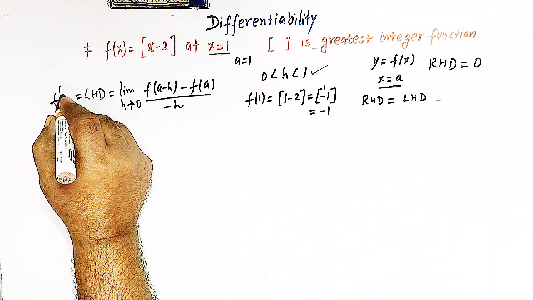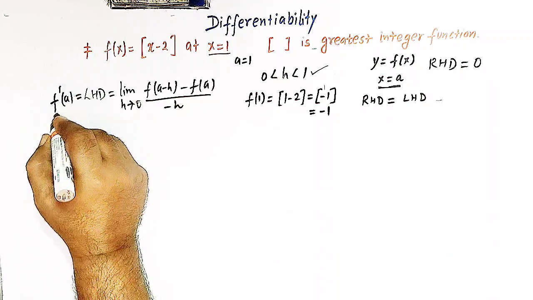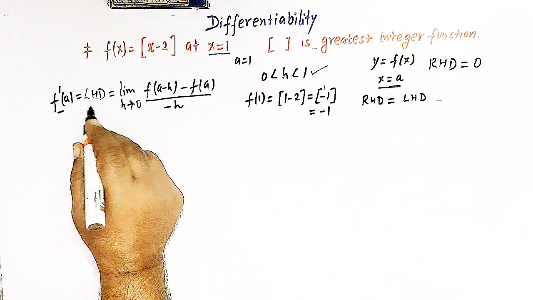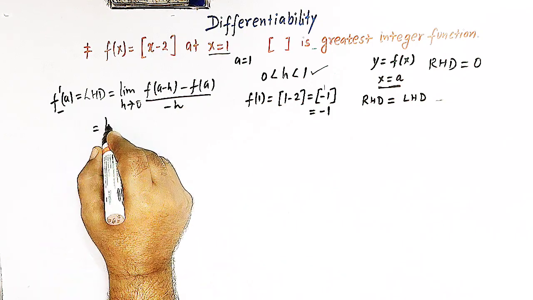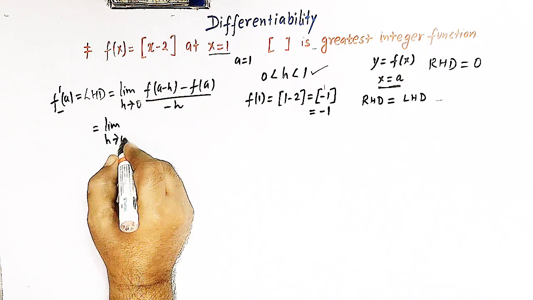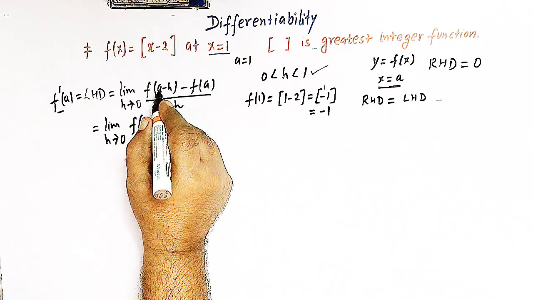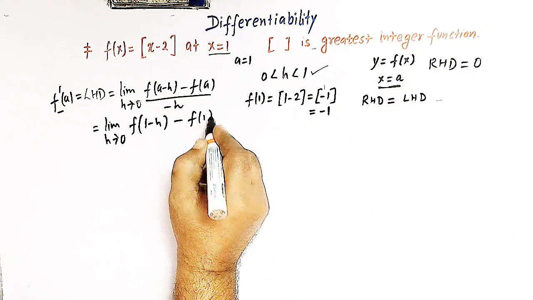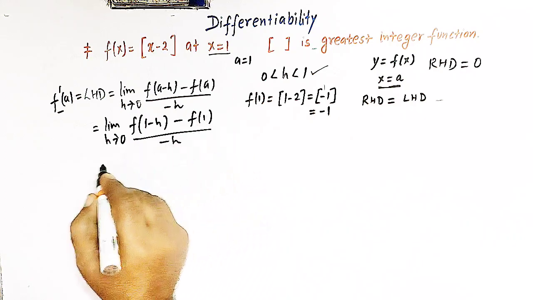Here we have f prime of a, and here we put a negative sign, right? So the left hand derivative is now equal to limit h tends to 0, f of 1 minus h minus f of 1 divided by minus h.